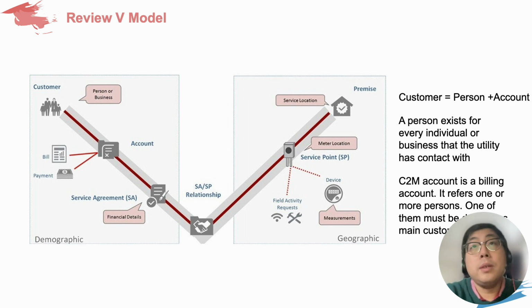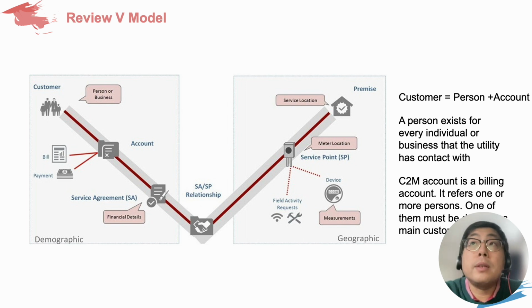So this is the very famous V model we have seen before, and today we will be focusing mainly on the customer information part, which in C2M term, it is the person plus the account.